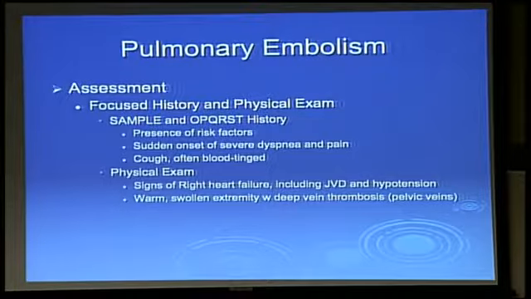With PE, you're developing sudden right heart strain. And so you can see jugular venous distension, you can see significant hypotension, and then you can see a swollen extremity. This is typically in one extremity. It's very rare to have bilateral DVTs. Happens, but especially the person who has one swollen extremity, that's a situation where you think about DVT.